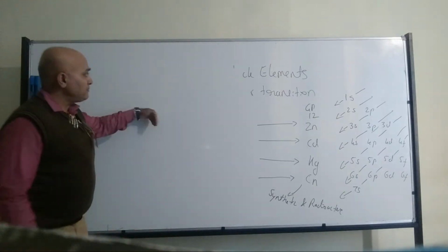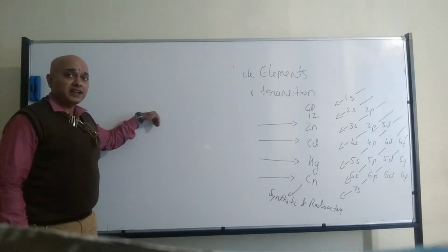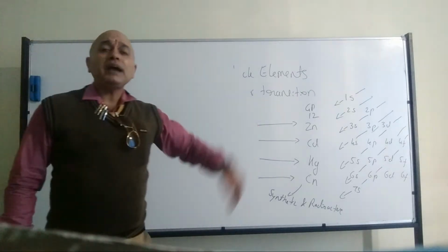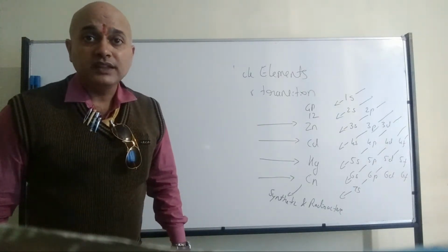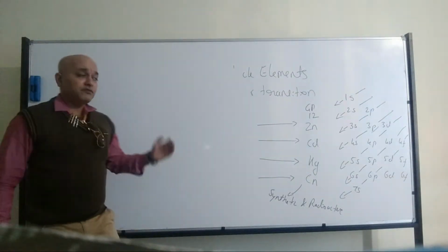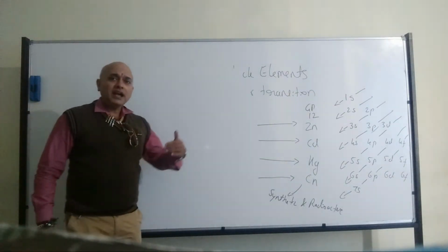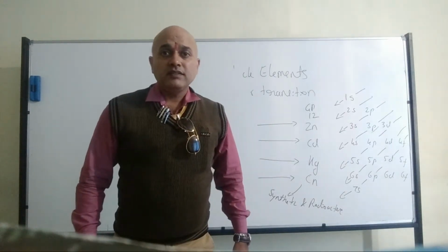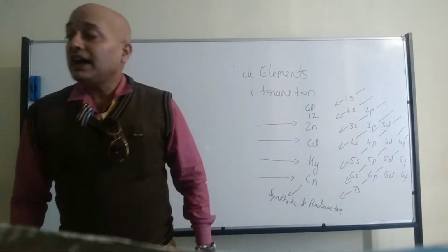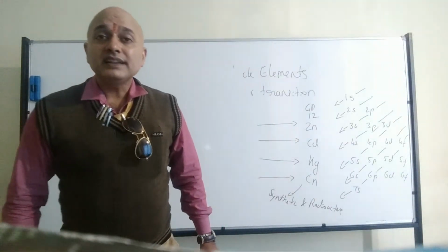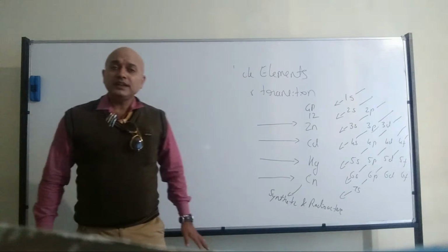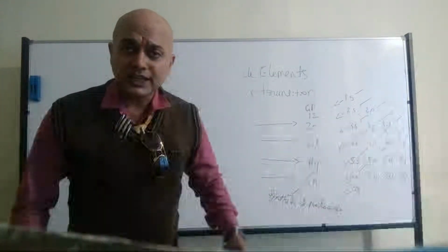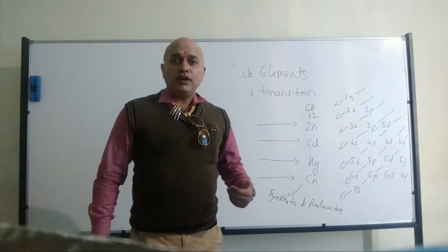Once you cross manganese, that is group 7, and move to 8, 9, 10 and so on, pairing of electrons will start. Therefore, those elements which come after will have slightly less melting point. So which ones have the highest melting point? That is chromium, tungsten, molybdenum. These are some examples of transition elements with higher melting point.